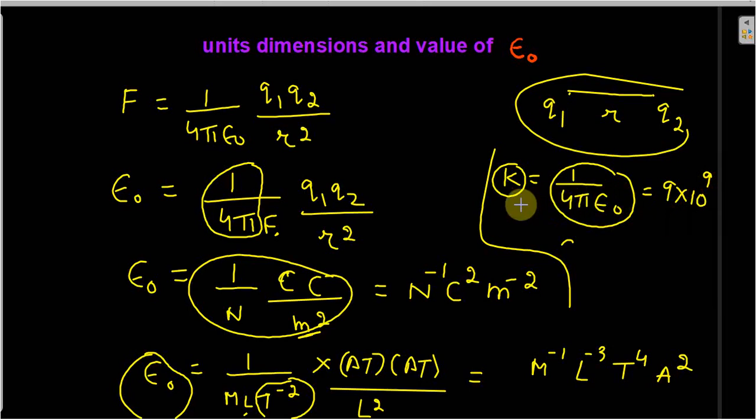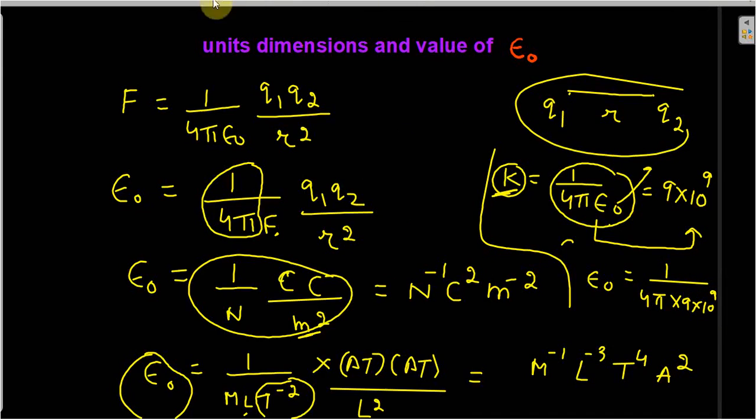The electrostatic force constant is equal to 1 by 4 pi epsilon naught, and this whole term is equal to 9 into 10 raised to power 9. So by using these two terms, we can find the value of epsilon naught. How will we find it? You can take epsilon naught to this side, and you will get 1 by 4 pi into 9 into 10 raised to power 9.